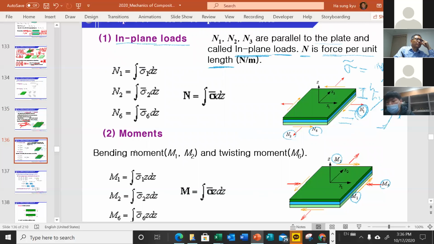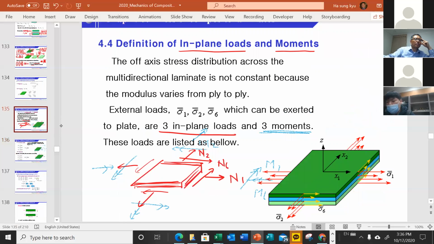So by definition of N1, this figure is better.